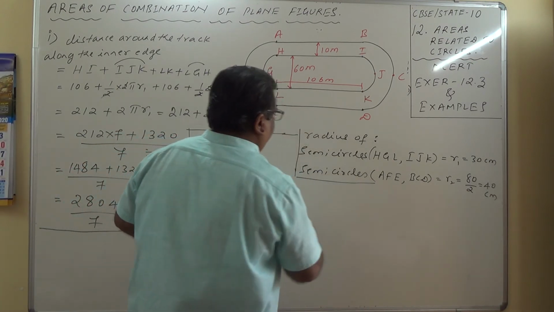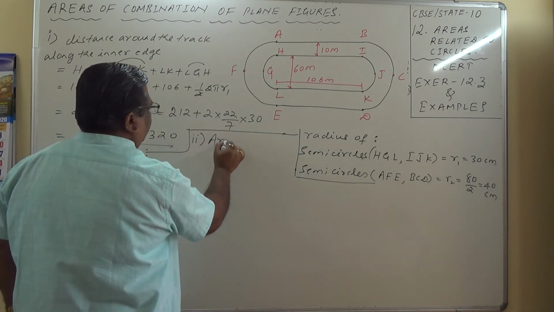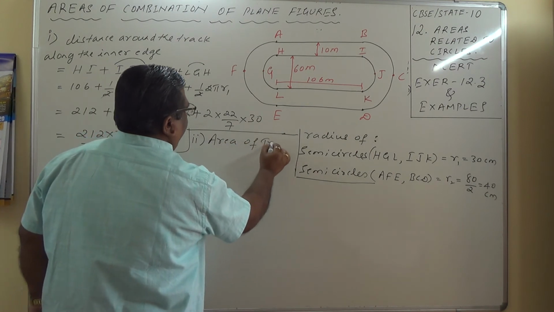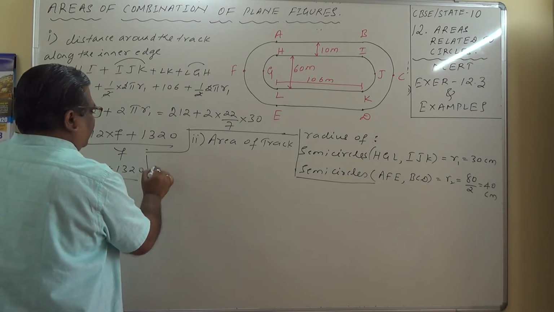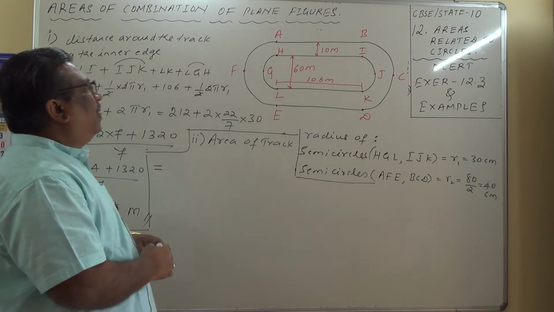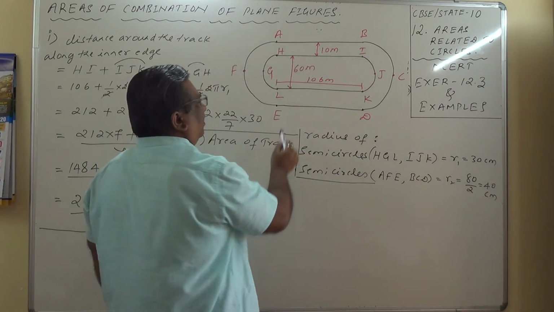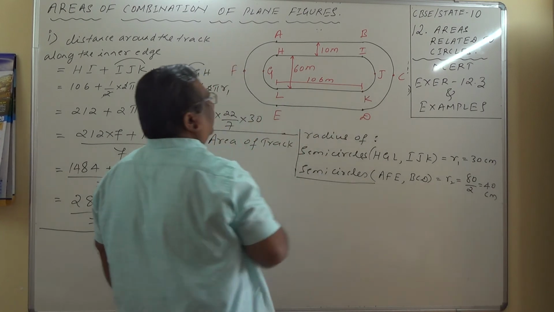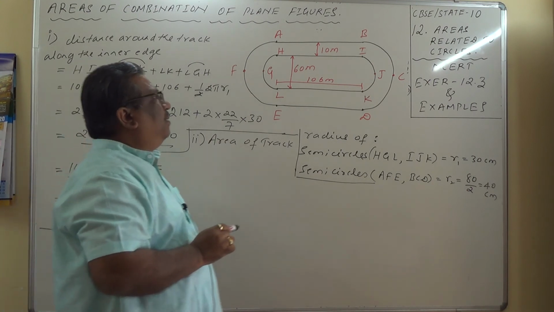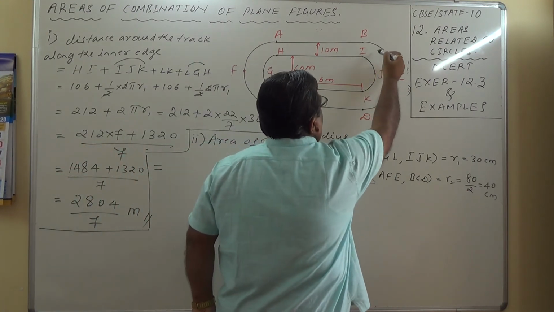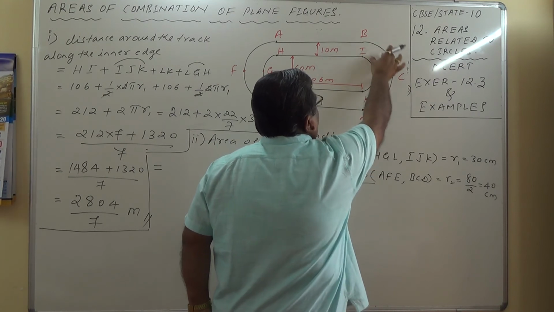Area of the track is equal to, see here, ABIH is one rectangle, LKDE is another rectangle. Both rectangles have equal area, plus this arc region, I can say the semi-annulus.